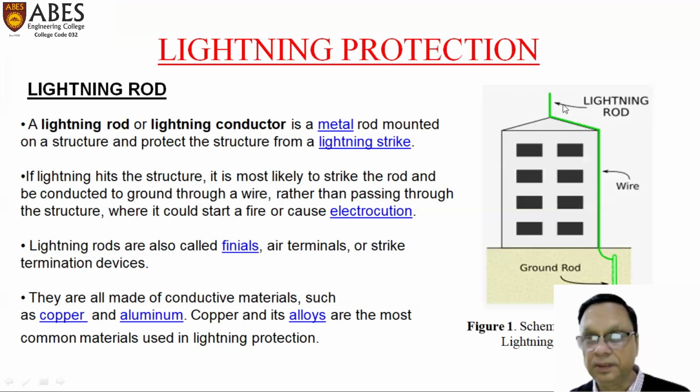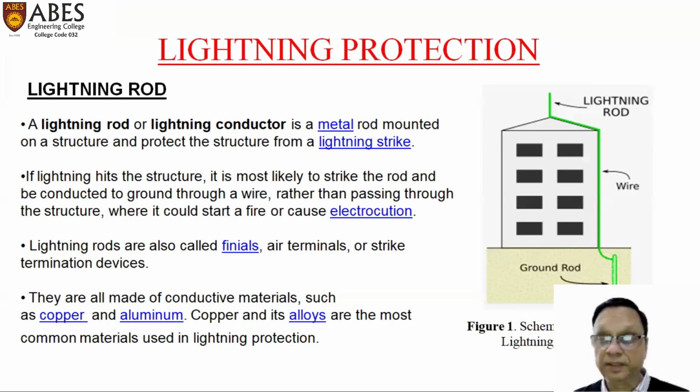If the rod is not there, and lightning strikes, the building will get damaged, it could start a fire or cause electrocution. Persons in the building may get electrocuted, or the building may catch fire, because the voltage level is very, very high. Lightning rods are also called funnels, air terminals, or strike termination devices.